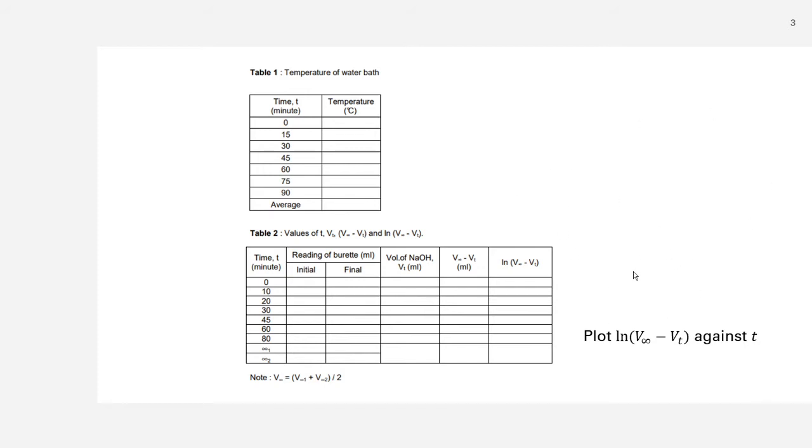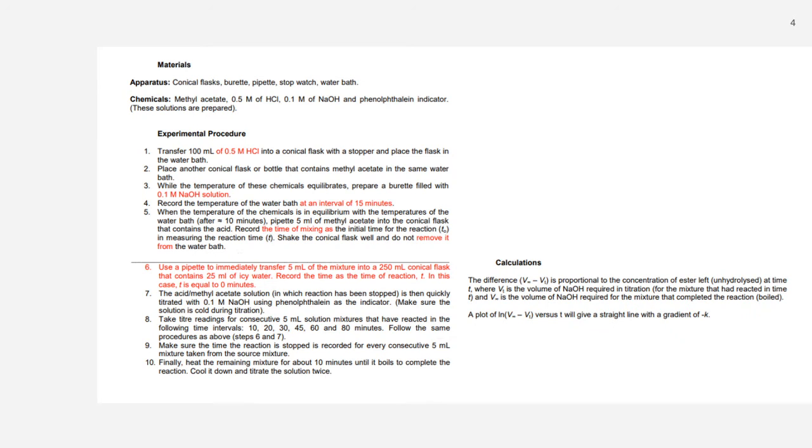But we'll talk about that in a little bit. The data sheet is only given in your first year, but at least you can appreciate how you should tabulate your data. At the end of the day, what you need to do is plot this value against time, and from that you can find the rate constant of the reaction.